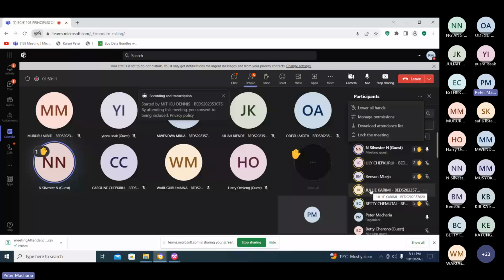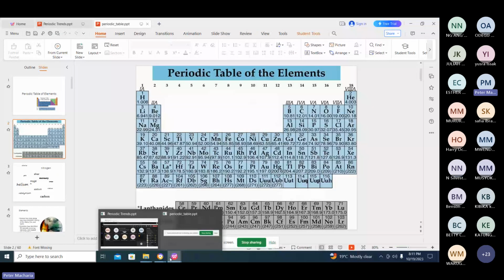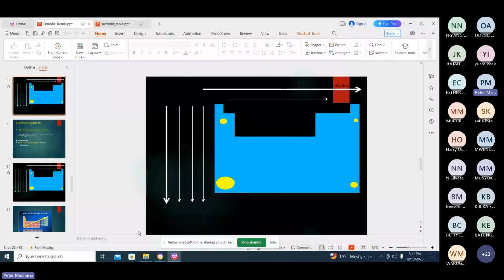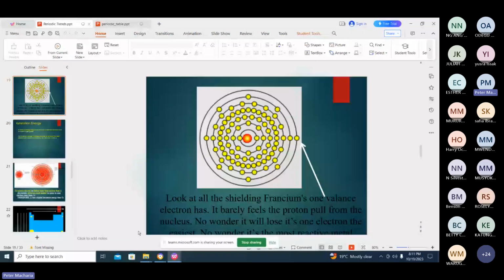What I am giving here is a pictorial representation. You can use that as a symbol, but when we are told to give the electronic configuration, I expect you to give 1s1, 1s2, 2s2, 2p.